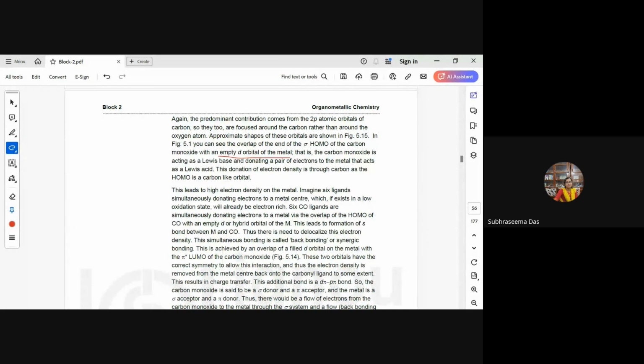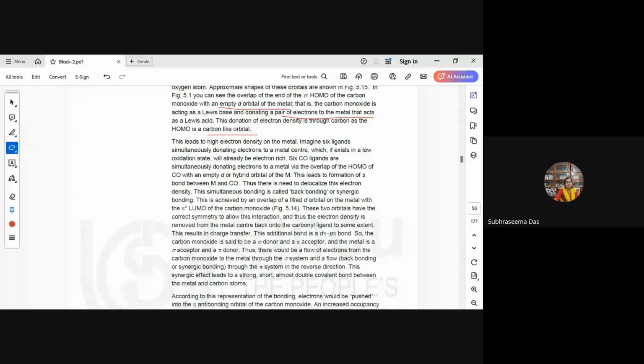Carbon monoxide acts as a Lewis base, and it donates a pair to the metal that acts as a Lewis acid. Because of this donation of electron density through carbon, there is a very high increase in electron density on the metal.